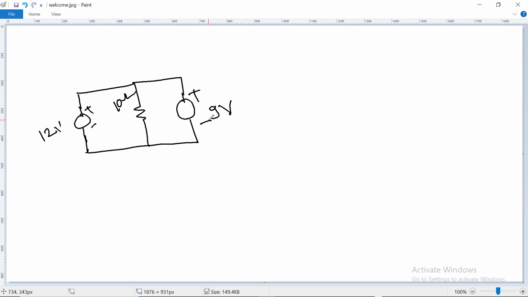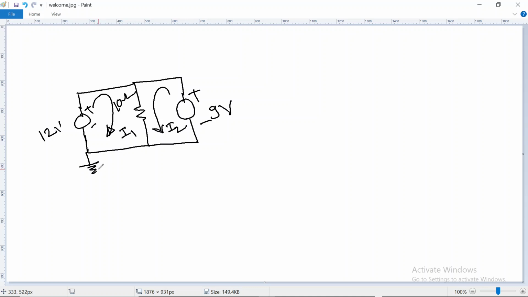Now try to write the mesh equation. Let this be the current I1 and this be the current I2 supplied by these two batteries, and this is the reference.